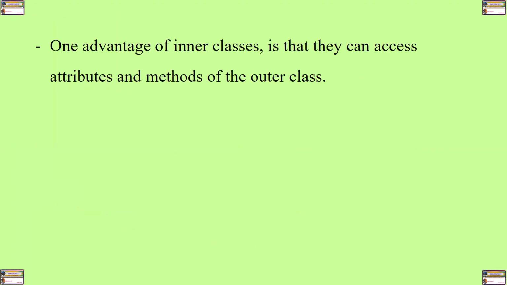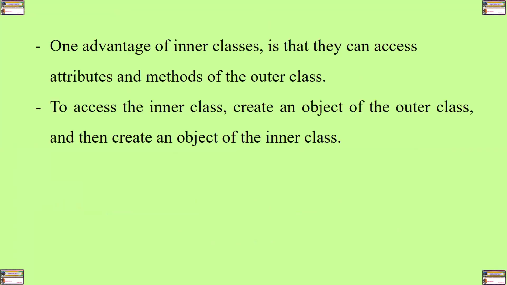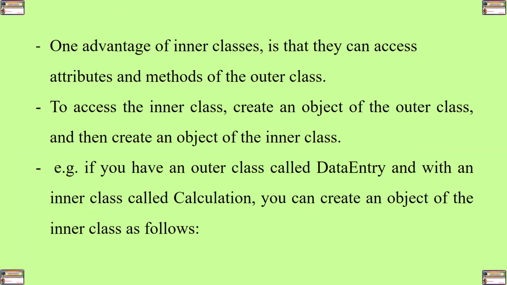One advantage of inner classes is that they can access attributes and methods of the outer class, and that also helps the programmer minimize the amount of code that he or she repeats. To access the inner class, you create an object of the outer class and then create an object of the inner class.